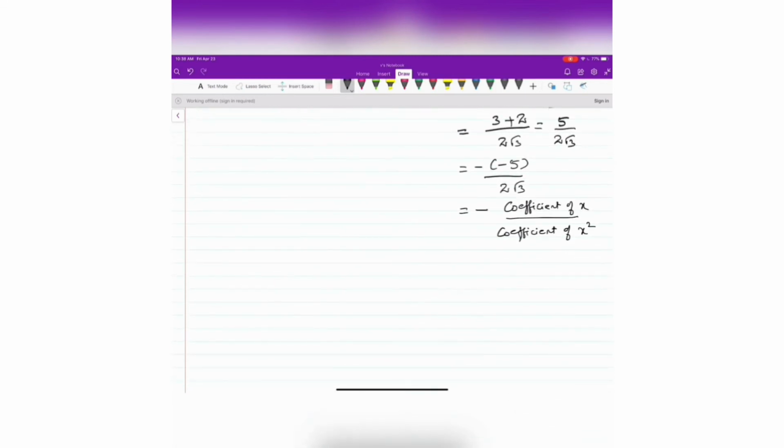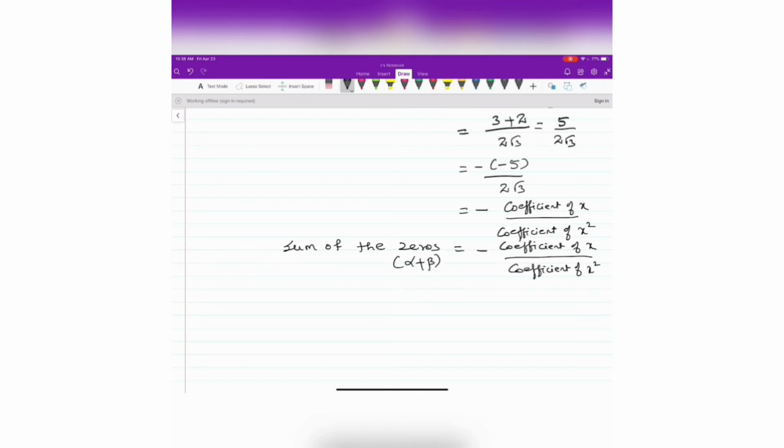So, I am getting sum of the zeros is equal to minus coefficient of x by coefficient of x square, that is alpha plus beta.